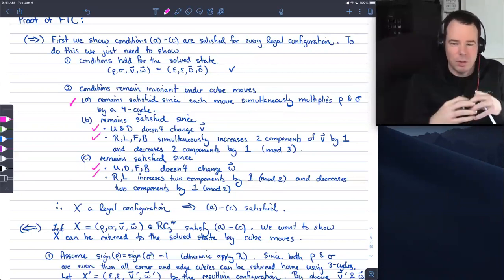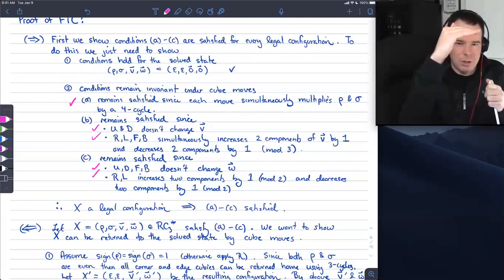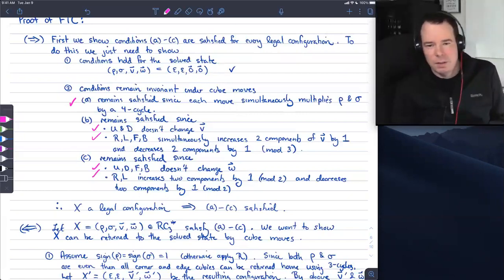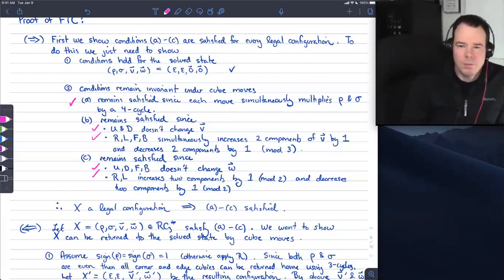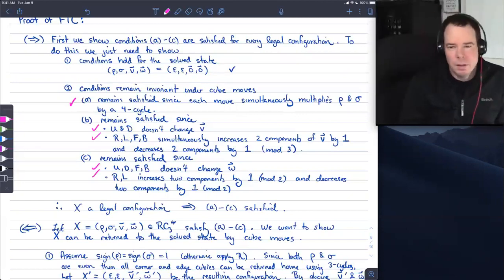I start with the solved state, that satisfies conditions A through C. Then every time I do a move, it still satisfies them. So I do my move sequence till I get to that configuration, and it has to satisfy conditions A through C.